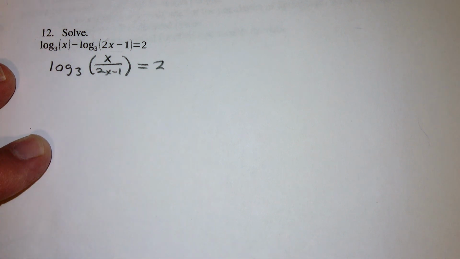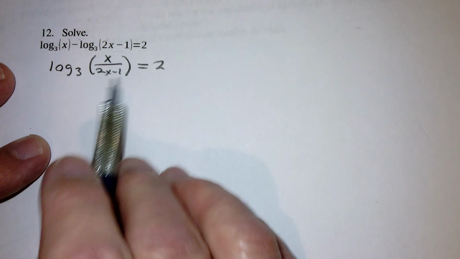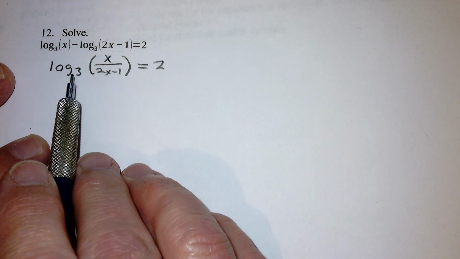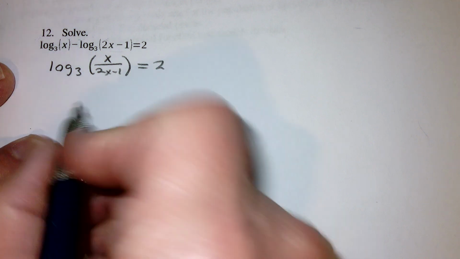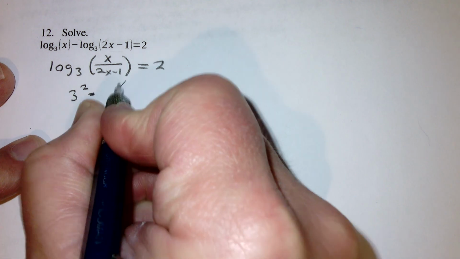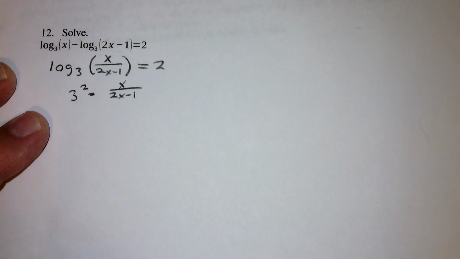Now we've got it into a single log, and what it's saying is this is what I get when I take a 3 and raise it to the second power. So now I can get rid of the log altogether and say 3 squared is equal to x over 2x minus 1.